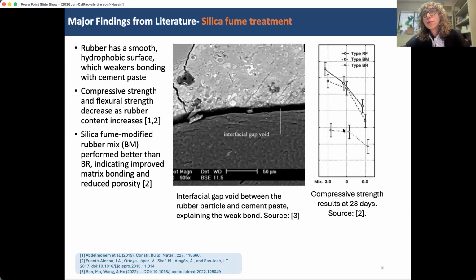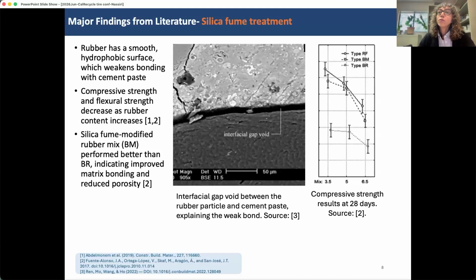And then look at the very bottom result. That is the amount of reduction that was induced by adding untreated rubber. So the drop is significant between the two. And unfortunately, my y-axis got cut off. I apologize about that.